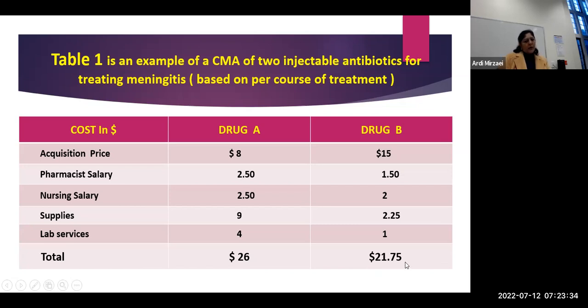So if you look in totality, drug B is costing you $21.75 versus drug A, which is 26. So drug B is more economical actually. But if you only look at the acquisition price, it looks like drug A is more economical. So we need to calculate in total the cost of treatment and then make a decision.